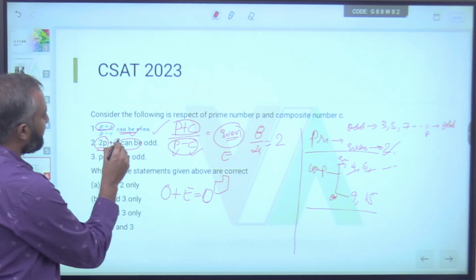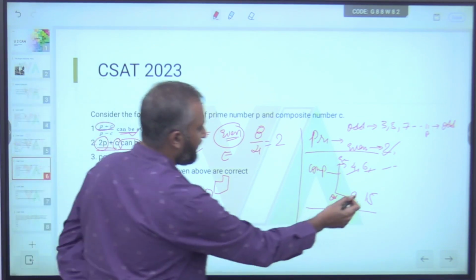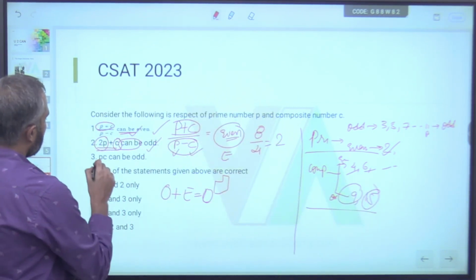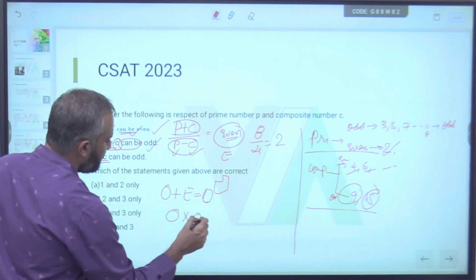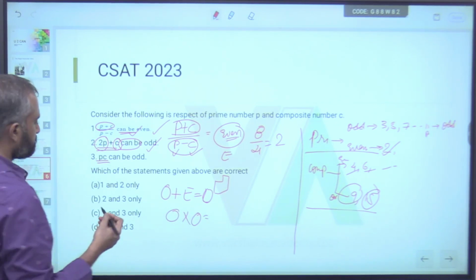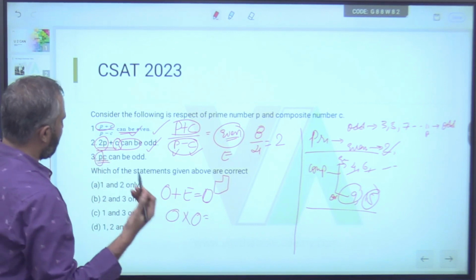Can C be odd? Can a composite number exist as odd? Yes, definitely. 9 exists, 15 exists. For PC to be odd, you need to multiply 2 odd numbers. Does an odd prime exist? Definitely.